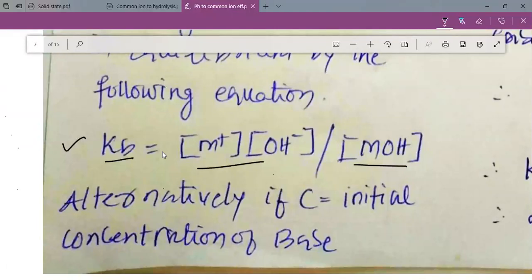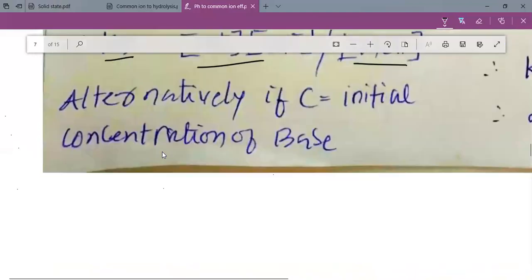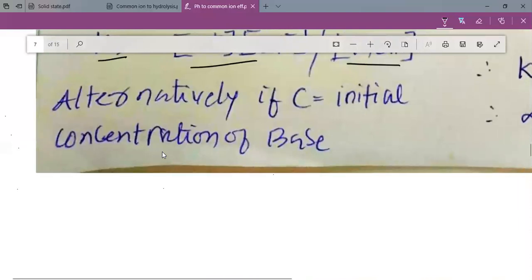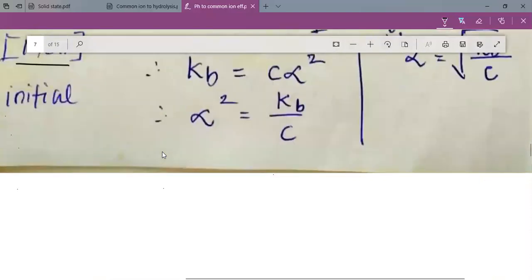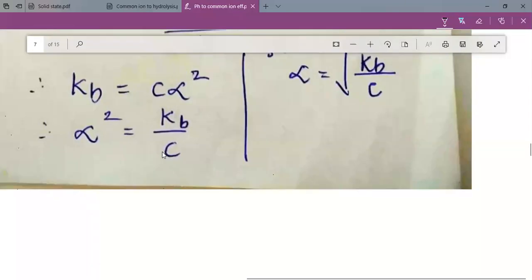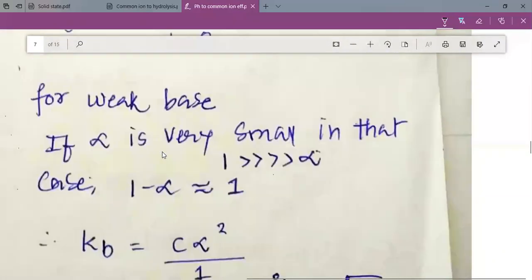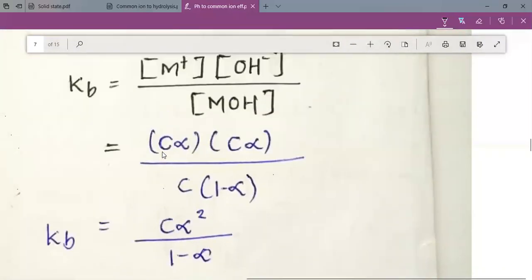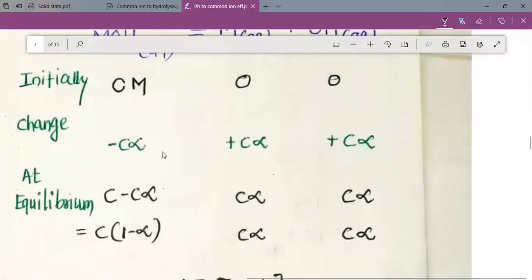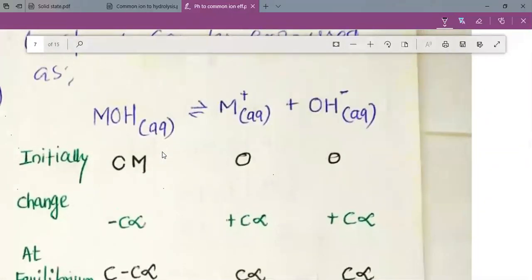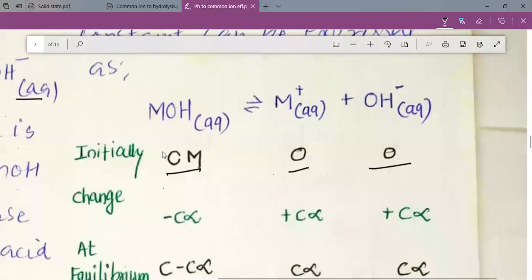Now, suppose the initial concentration is C, and alpha is the degree of dissociation, as we studied in the case of the dissociation or ionization of an acid. We can write the initial concentration for this equation as C mole per liter, and as there are no products available at that time, we write 0 and 0.